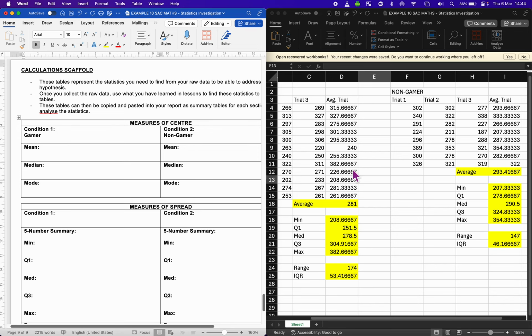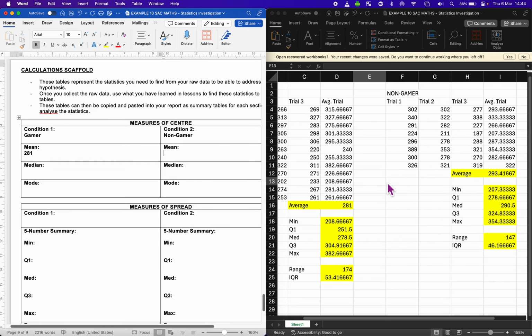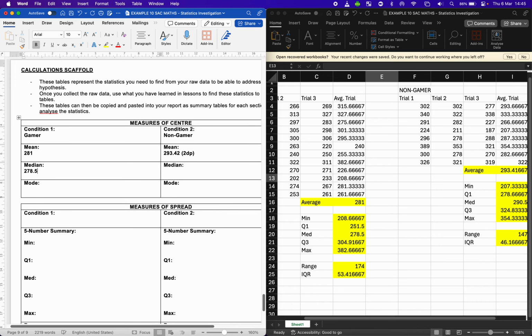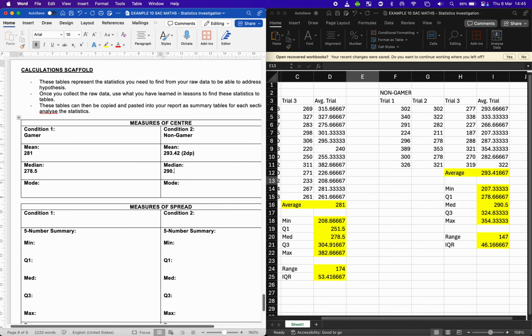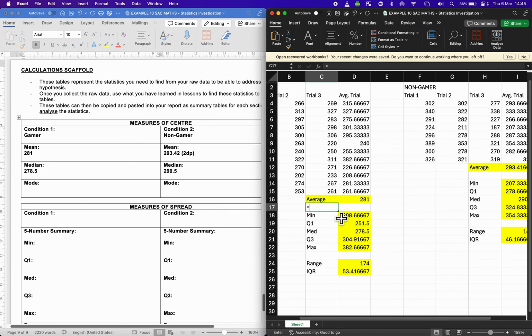What was the mean? The mean was 281. Non-gamers were 293.42 to 2 decimal points. The median for the gamers was 278.5. The median for non-gamers was 290.5. The mode, we haven't found that out, but you can work that out.